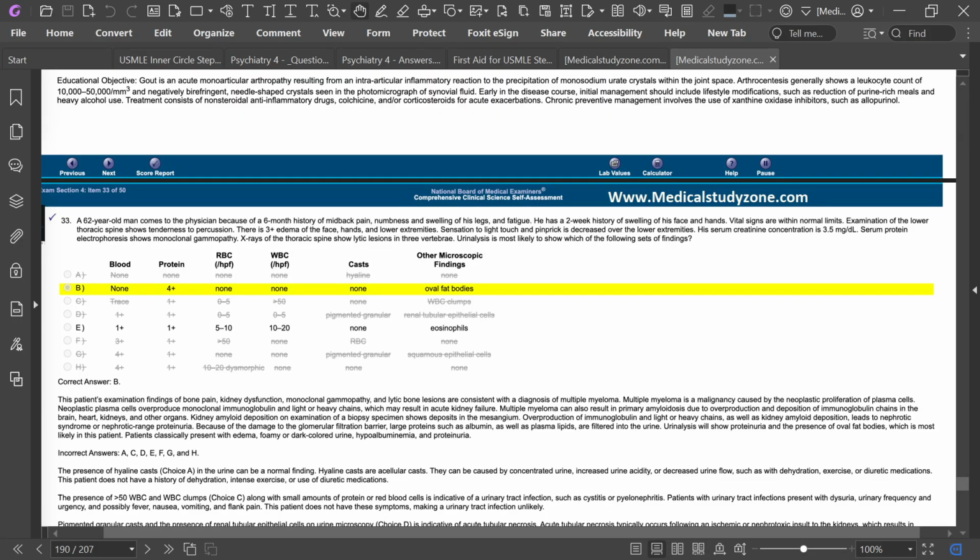Okay, next. Just remember, in multiple myeloma you can find oval fat bodies. And another thing, do you remember that in multiple myeloma there is an elevated protein gap, like total protein minus serum albumin?